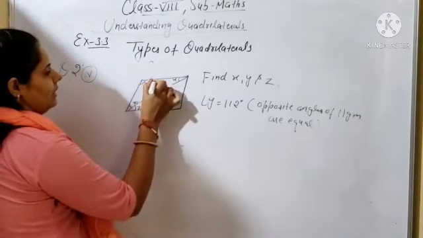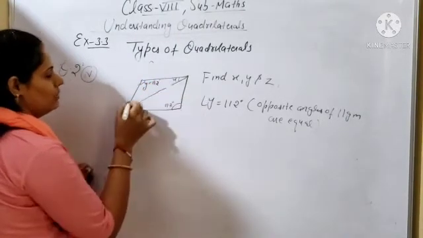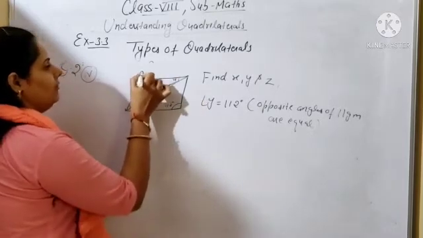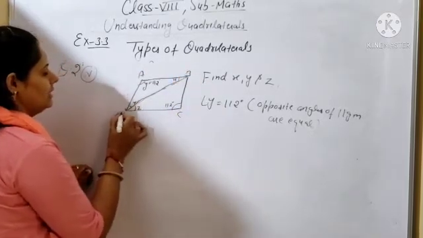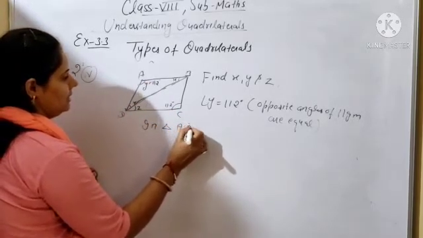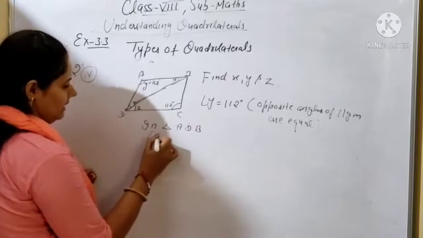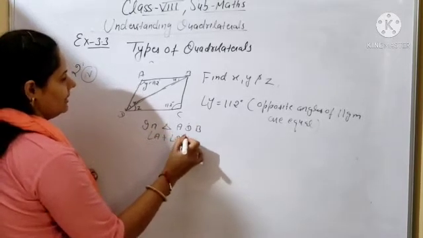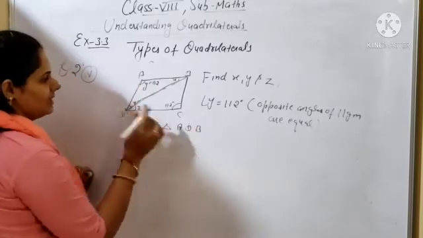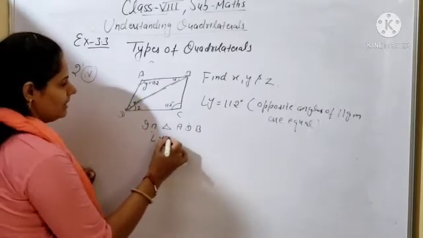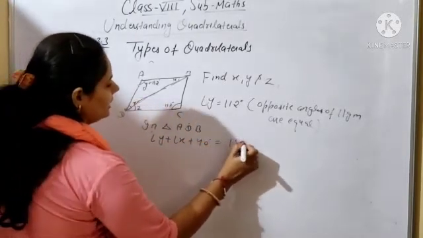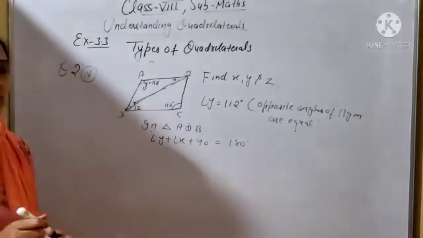Now this one is 112 and this one is 40, so you can find the third angle because this one is a triangle. So you can give the names A, B, C, D. In triangle ADB, angle A plus D plus B, this one plus this one plus this one, means Y plus X plus 40 degrees will be equal to 180 degrees. The sum of all the angles of a triangle is equal to 180 degrees.